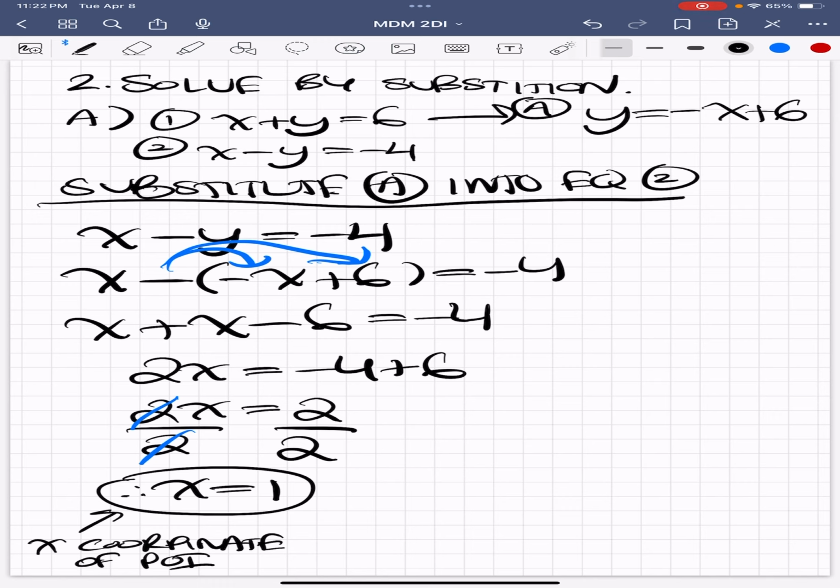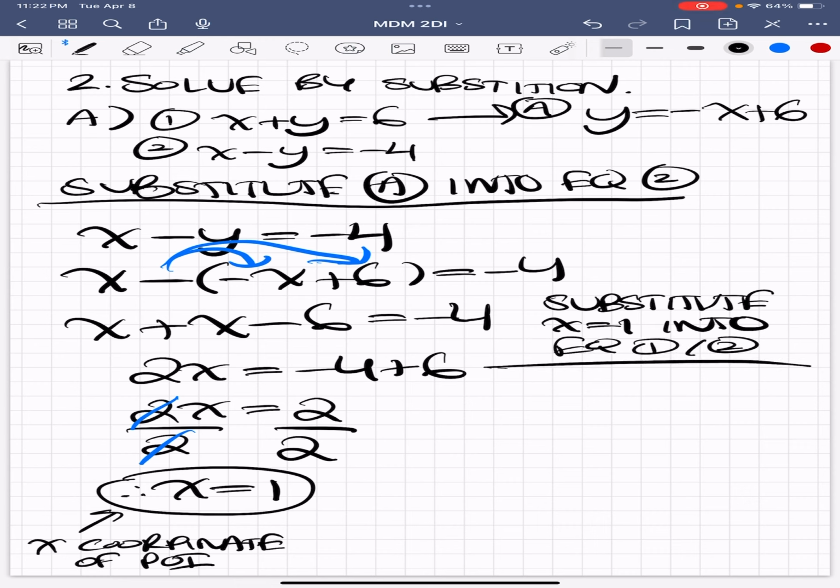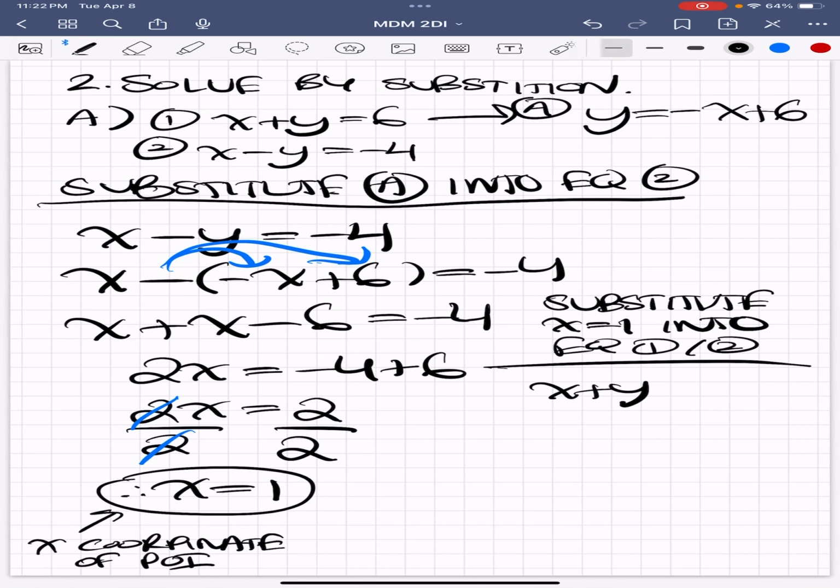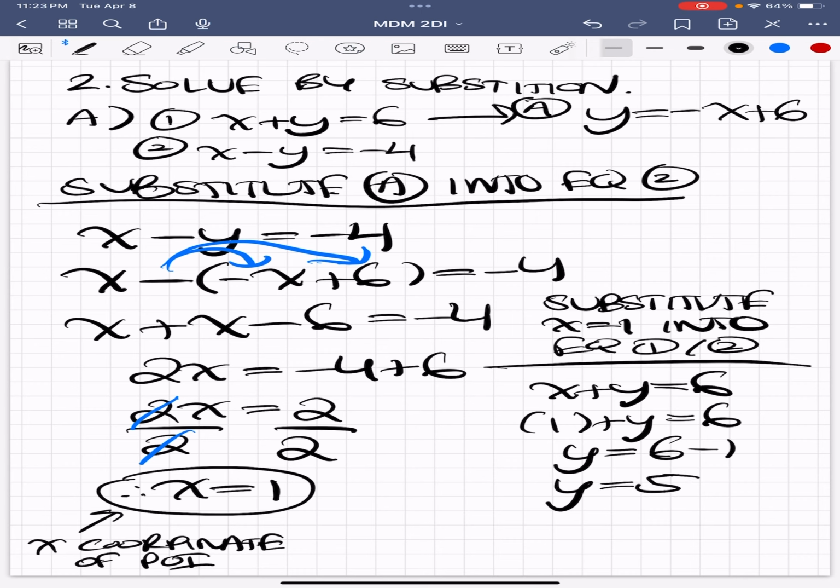And then we substitute x equals 1 into the equation that we were originally given, so equations 1 or 2. So we have x plus y equals 6. That's 1 plus y equals 6. Y equals 6 minus 1. Y equals 5.